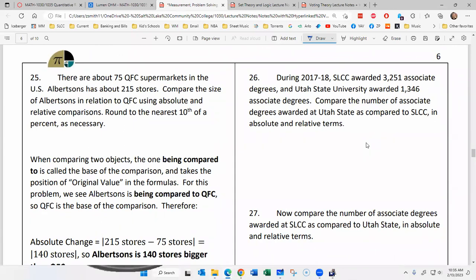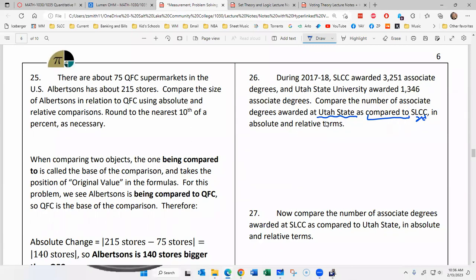Now, with the percent, the relative change, the absolute change, you can also compare two different objects, like in this case, SLCC awards and Utah State University awards for associate's degrees. So what we have to do, we have the first one as compared to the second one.